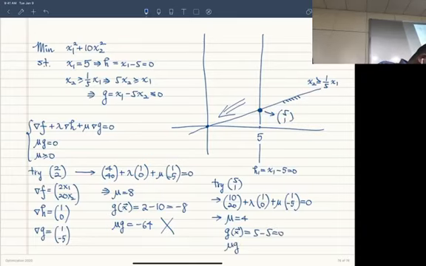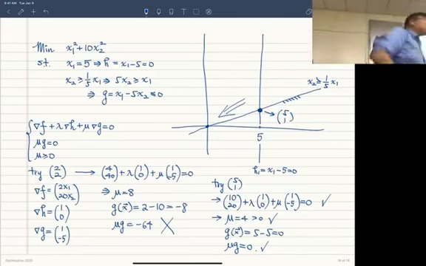So my mu g is 0. So this one is good. And my mu is positive. Second one is good. And you can plug back into the first equation. You can always get a lambda, which satisfies the first one. So this must be the optimal. This is optimal.